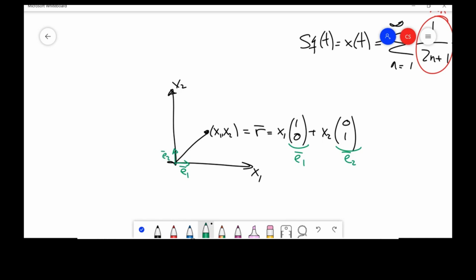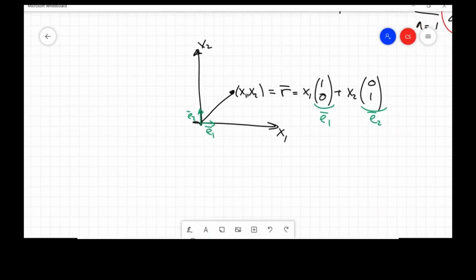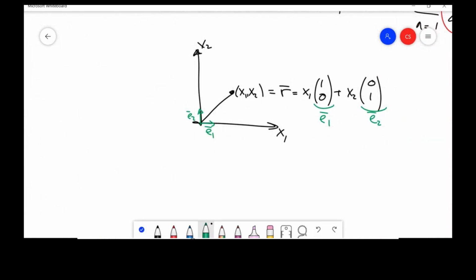Okay, so let's say that now I want to construct a new basis that goes like this. This would be U1 and U2. So how do I get now Y?